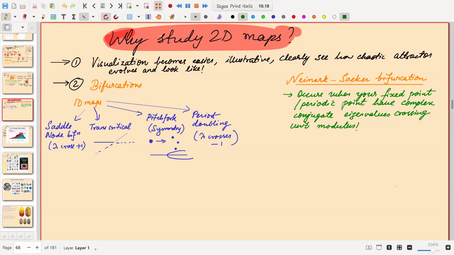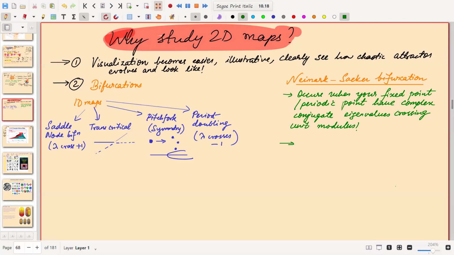What does it mean? That means if your fixed point can have eigenvalues, periodic points can also have eigenvalues. So if the fixed point eigenvalues or periodic point eigenvalues are complex conjugate and the magnitude of those eigenvalues crosses 1, or unity, then a Neimark-Sacker bifurcation happens. This is the condition.